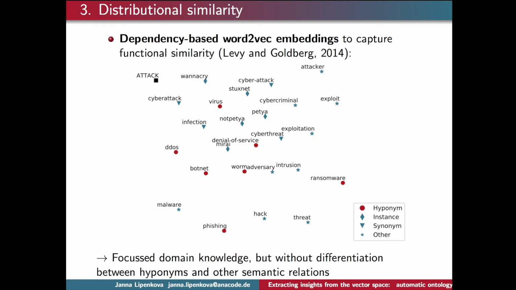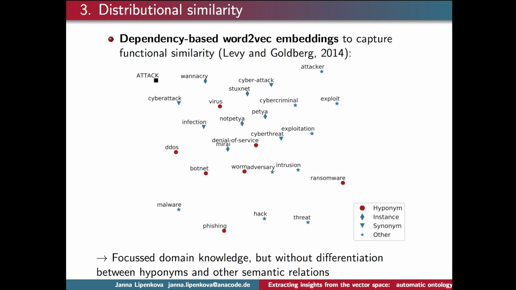Obviously, the less optimal thing that we see here is that it also does capture other concepts which are in no way in a hyperonymy relation with attack. So it does capture synonyms like cyber attack and so on, and it also captures other unrelated terms like attacker, exploit, cyber criminal, and so on.